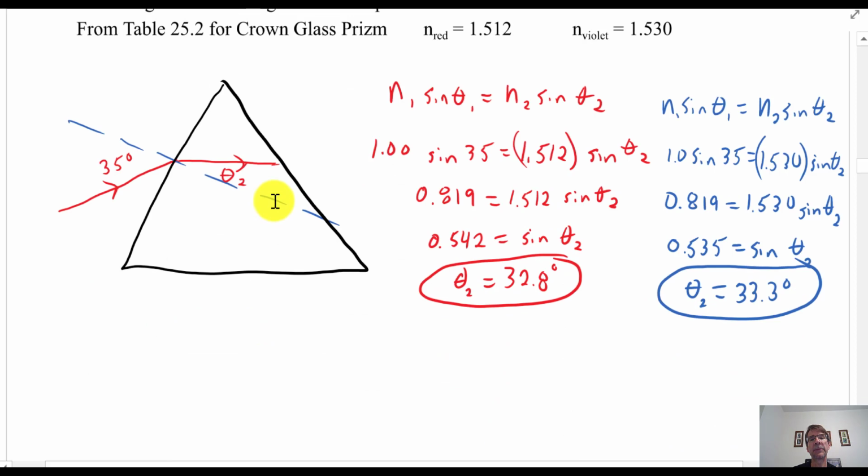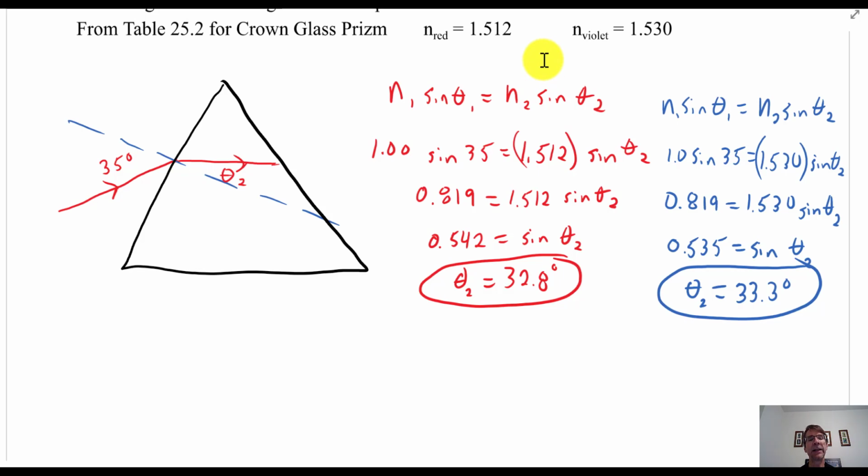But bottom line is I'm just applying Snell's law using these two different indices, and they're very close. So you might even say that the index of refraction for this crown glass is 1.52. I think in the table it says it's 1.52 for crown glass, if you look it up.